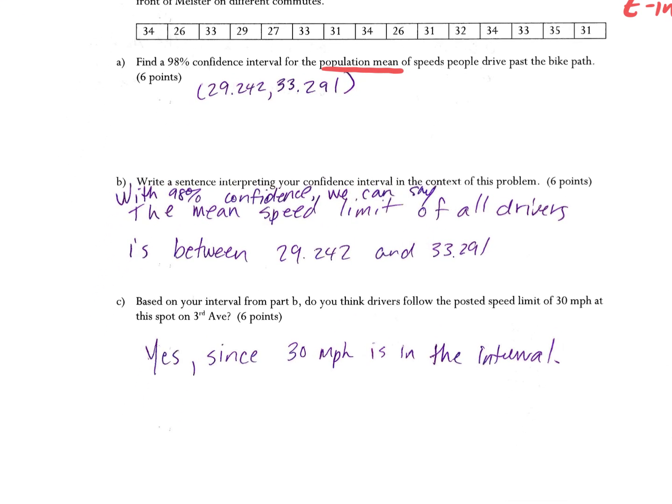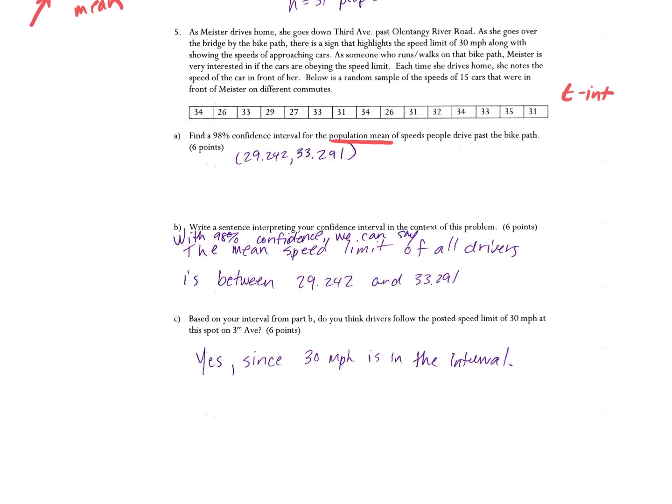All right, now, for this part C, where you're trying to decide is a number the correct number, what you do is you say, is it in the interval or not? Okay, so if my interval had gone from 30.2 to 34.3, this answer would be people are speeding because the entire interval is bigger than 30 miles per hour. Do you guys see what I'm saying there?